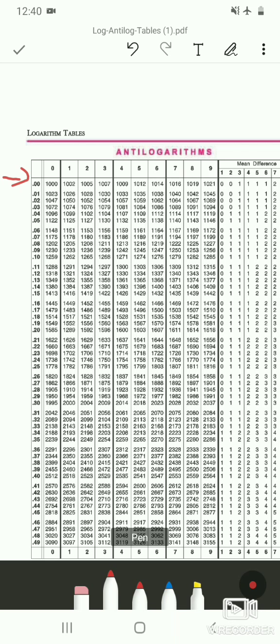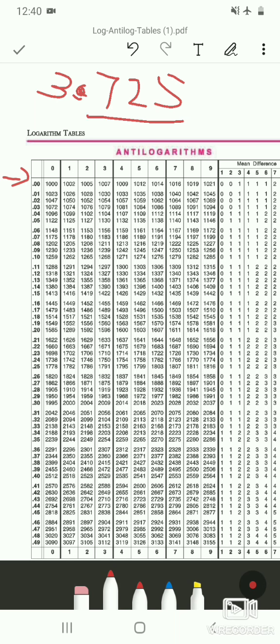So in the example we want to calculate the antilog of 3.725. So just look at the mantissa part, which is 72 under 5.